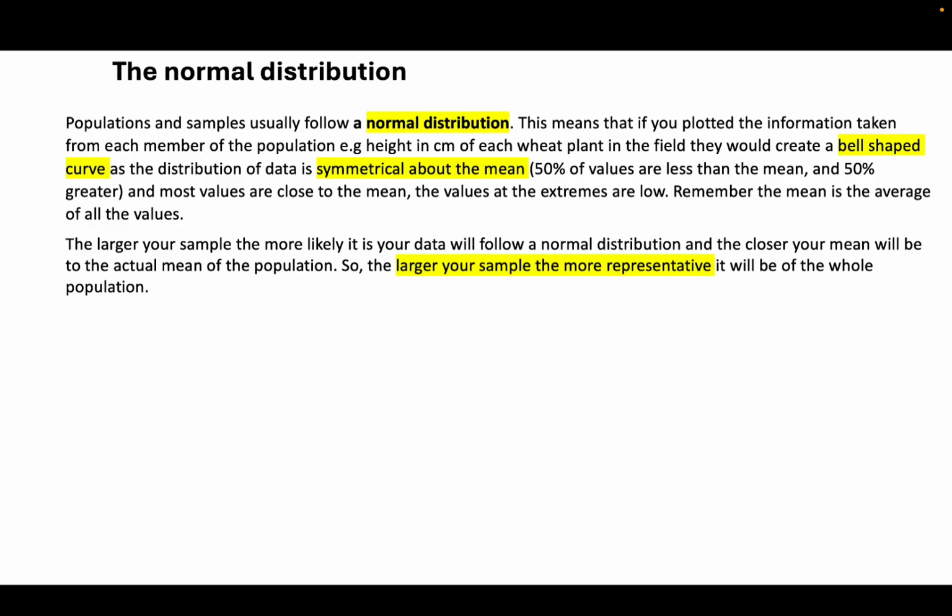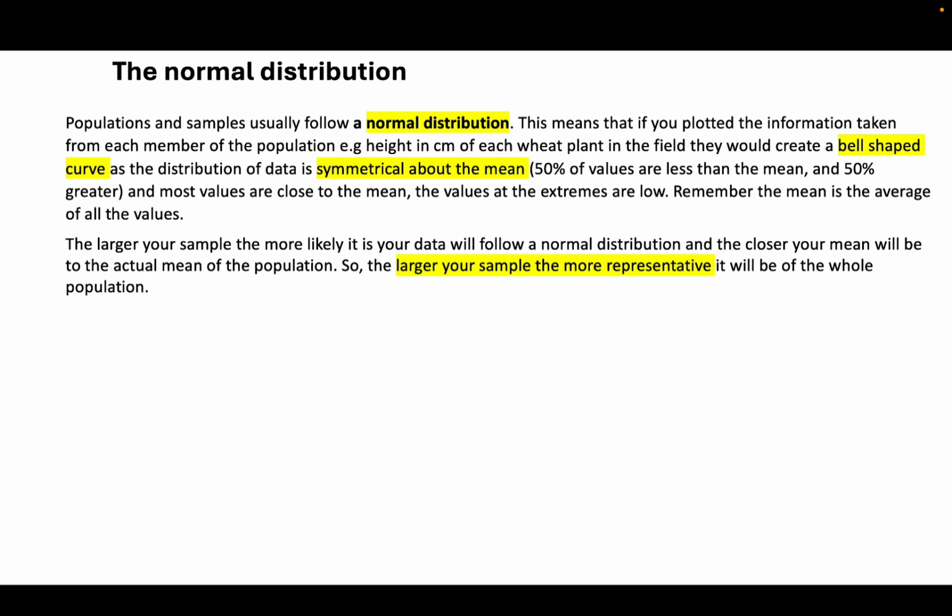What this means is that half the values are less than the mean and half are above the mean. And most values are close to the mean, and the values at the extremes are low. So just remember that the mean is the average of all the values, so the mean would be in the middle of the normal distribution.